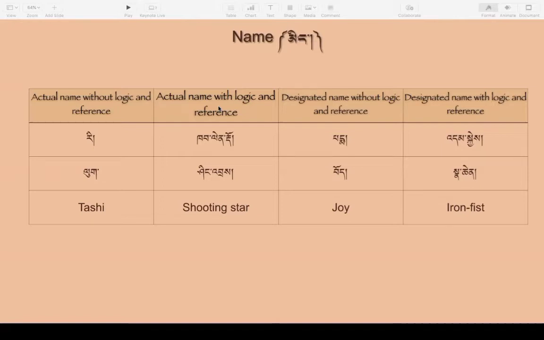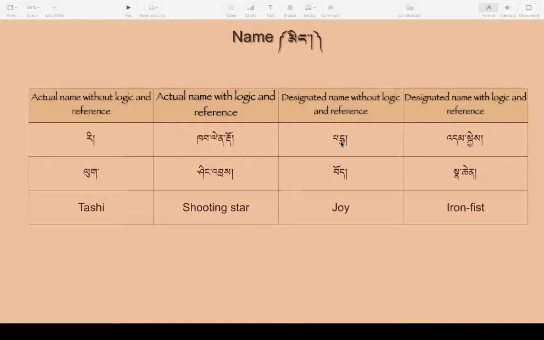And then the second type of names is the designated names. Designated names are names which are given to something, but the thing to which it has been given is not the actual thing that the name refers to. For example, in Tibetan tradition, we have names for girls. Normally, we have the name called Pema. Pema means lotus, but here we are designating this name to a person.